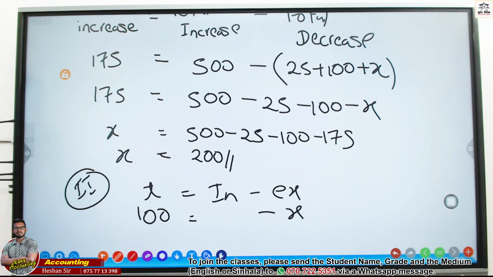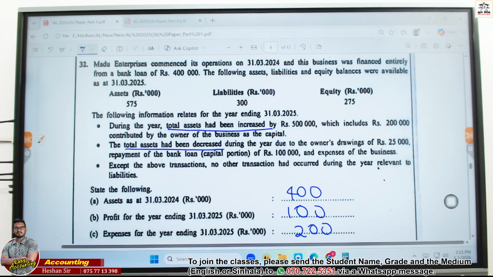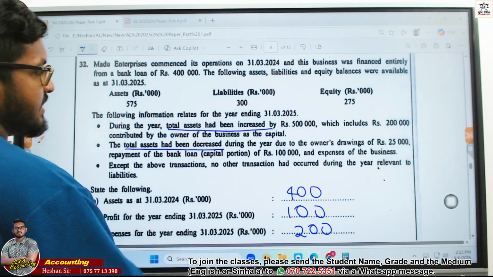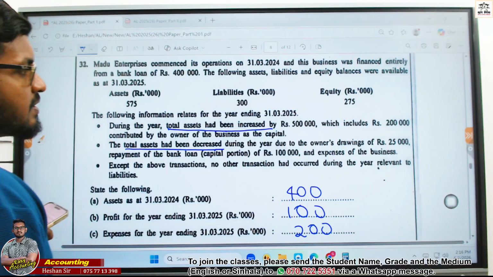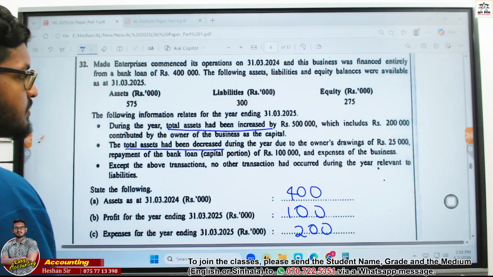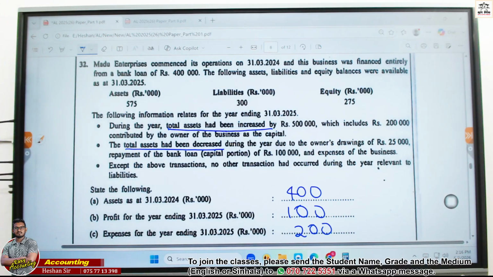Income අපි බලමු. Right? You can see total assets has been increased by 500, which includes 200 contribution by the owner. ඉතින් ඔයාලට පේනවා, එහෙනම් revenue එක කීයද? Income එක කීයද?